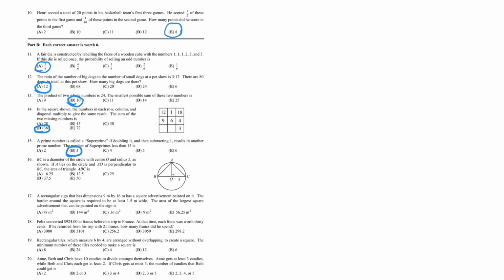Number 16. BC is a diameter of the circle with center O and radius 5, as shown. If A lies on the circle and AO is perpendicular to BC, the area of triangle ABC is... The radius is 5, so OB is another 5, total BC is 10. Also AO is still the radius, because O is the center.